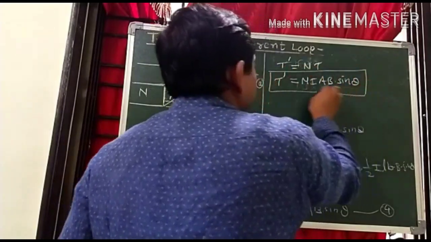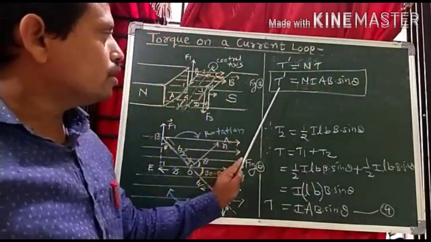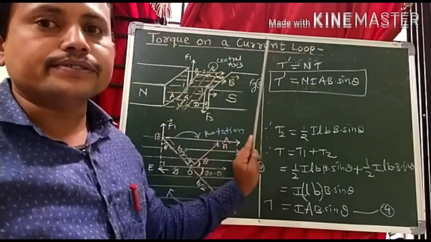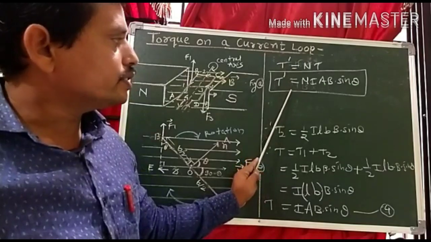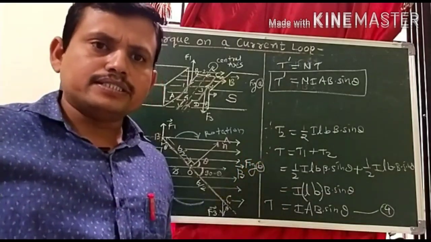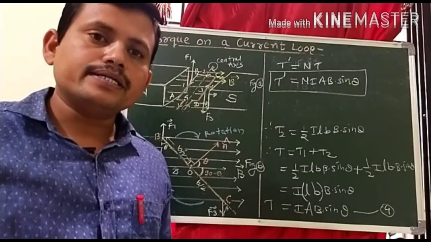This is the final expression for the total torque acting on the coil having n number of turns, and this equation is valid for all types of planar or flat coils irrespective of their shapes.